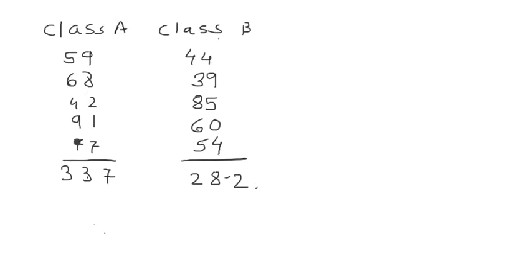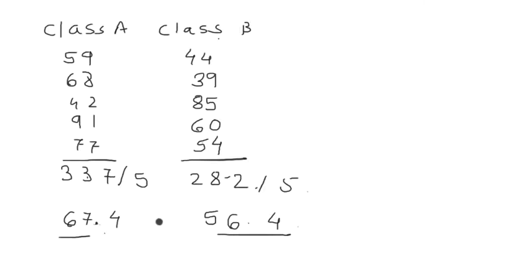And then we will find the average by dividing by the total number of observations, that is 5. So I got the average of girls from class A as 67.4 and the average marks of girls from class B as 56.4. So clearly if you compare these two values, you can easily interpret that the performance of girls from class A is better than class B.